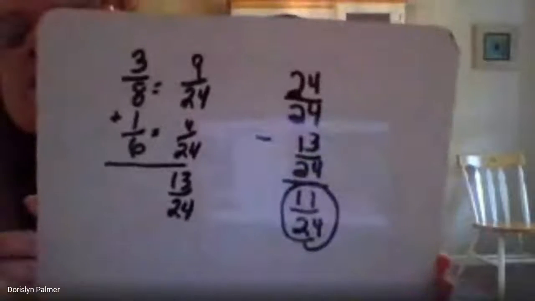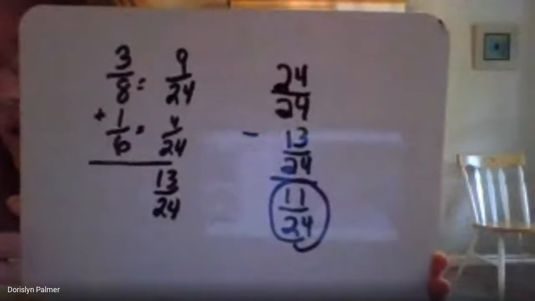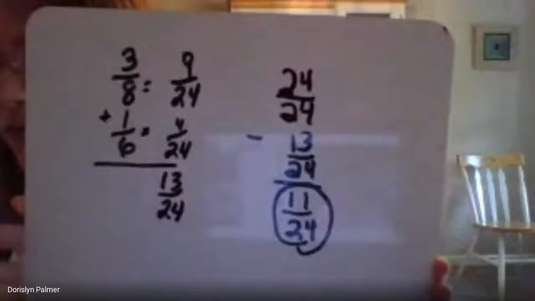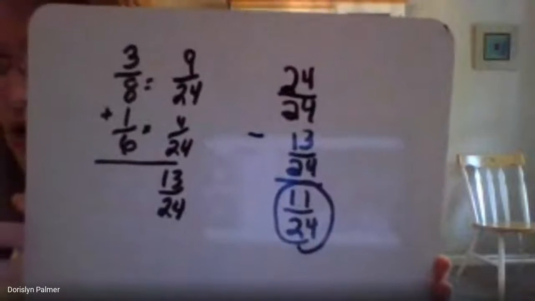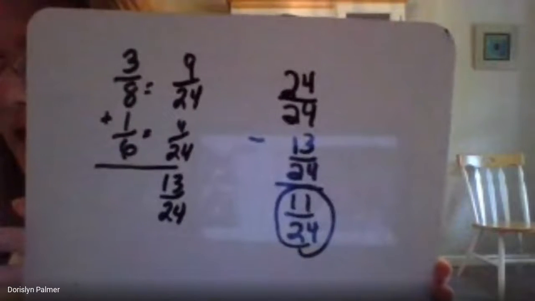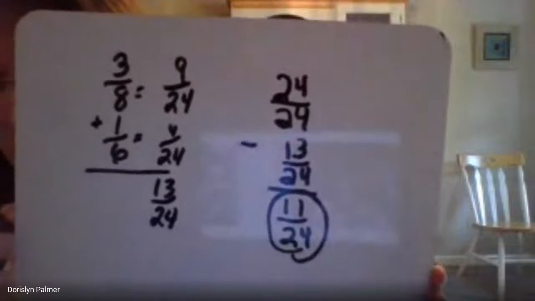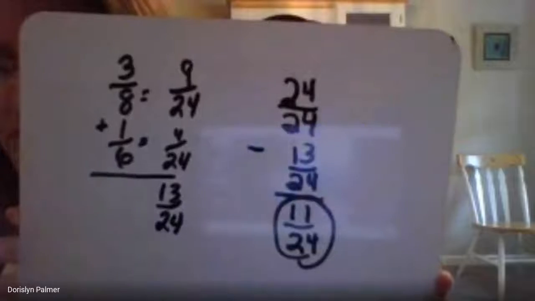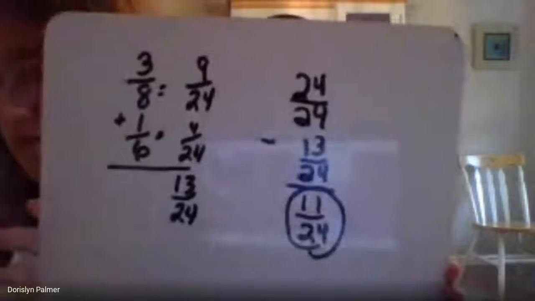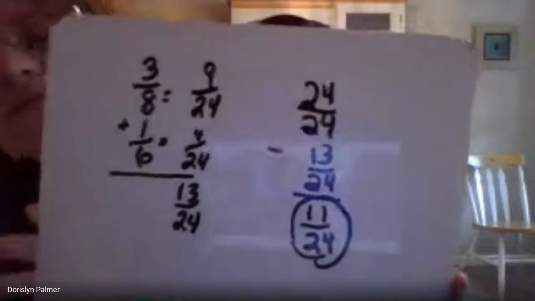What Pia was telling us was she gave it the denominator of 24 to start with, and she did 24/24 minus 9/24 and had 15/24 left, and then she subtracted the 4/24 and still got 11. Either way works. I have a way that I did it that's a bit easier than that. Uh-huh.